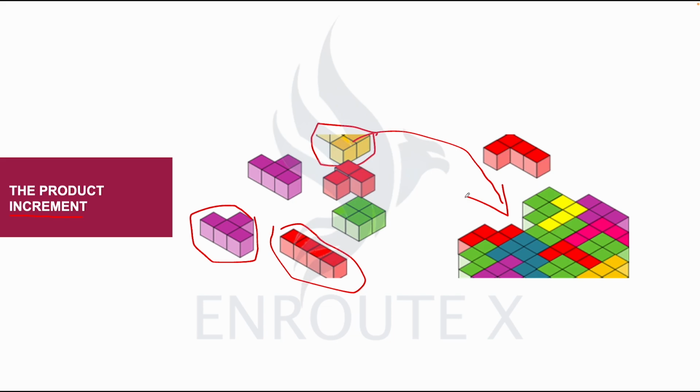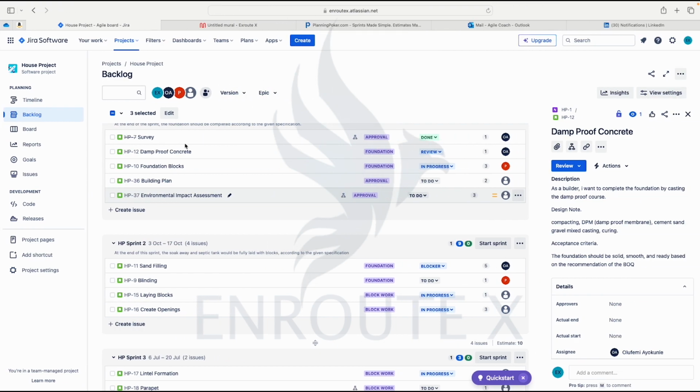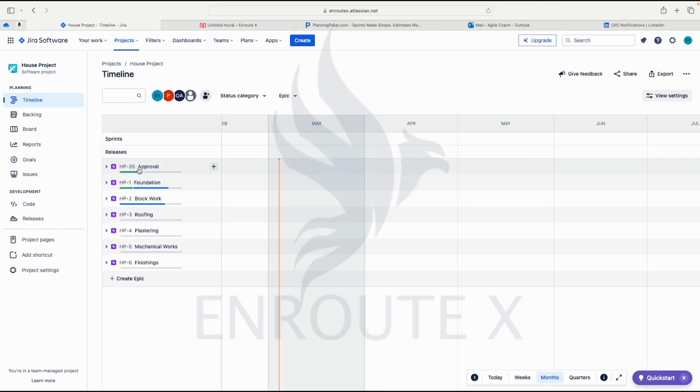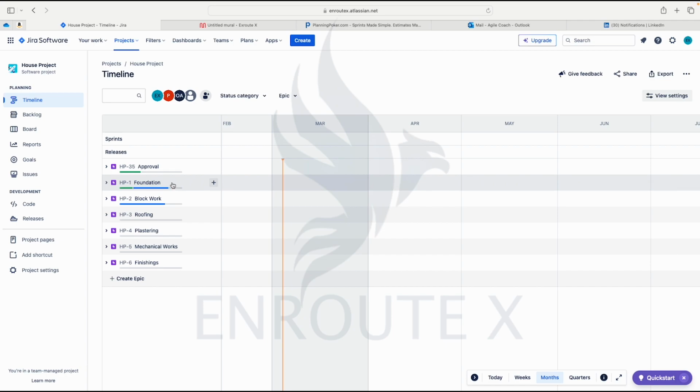So let's say in our illustration, talking about building the house, if this was delivered in the first sprint and the foundation was delivered in the second sprint, your product increment at the first sprint is the approver, but your product increment in your second sprint is approver plus foundation.